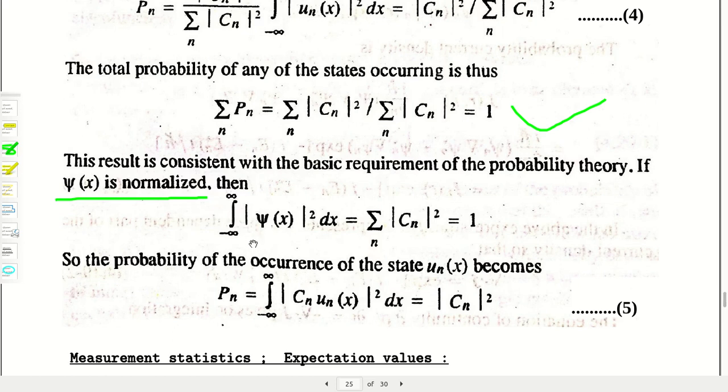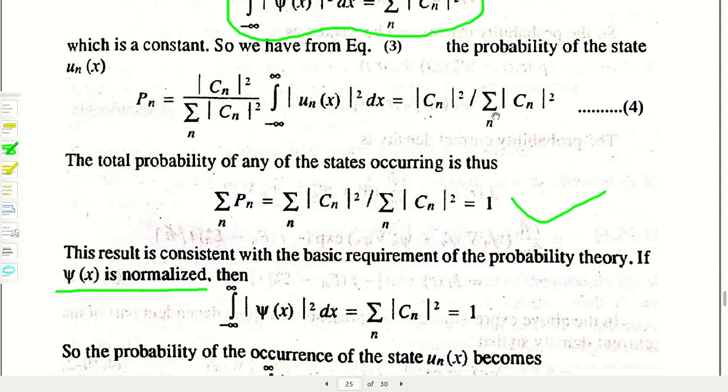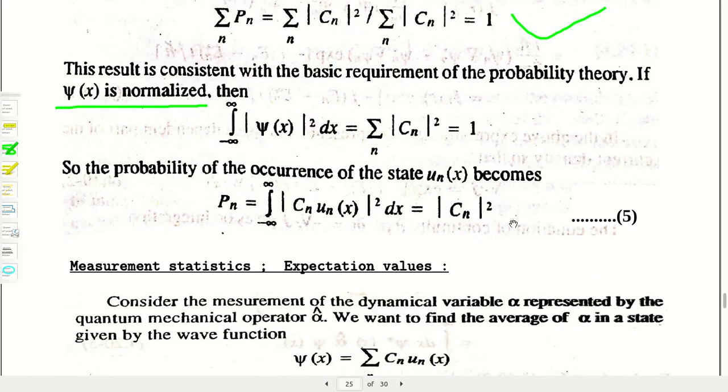So the integration of mod psi squared dx is 1 according to Max Born interpretation, and we have found that this integration is equal to sum over mod Cn square. So the sum of mod Cn square should be 1. So in place of this term, you can put 1. So Pn is simply mod Cn square in this case.